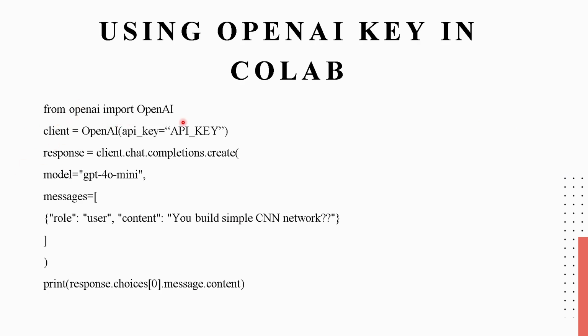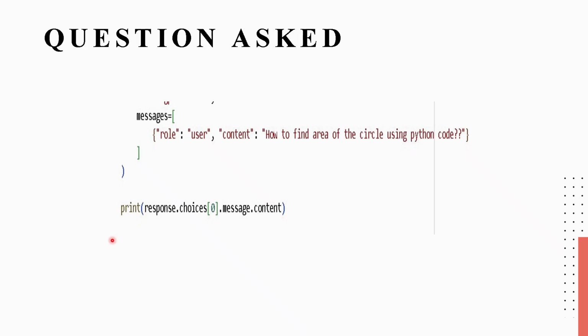In this code, from openai import OpenAI. This imports the OpenAI Python library to interact with the OpenAI server. Here, a client object is created. In the place of API key, you have to put your generated API key. Next, we ask the OpenAI API to create a chat completion, and here we use the GPT-4o mini model, and then print the AI response in the output.